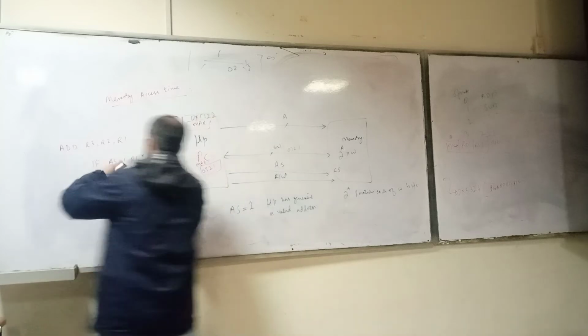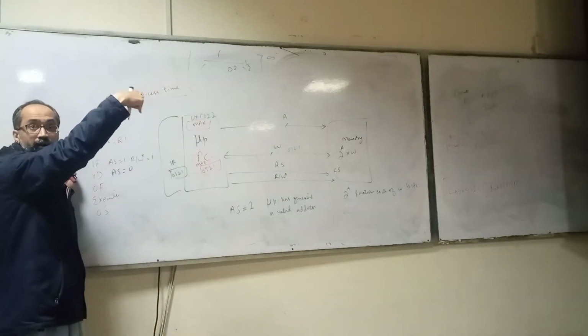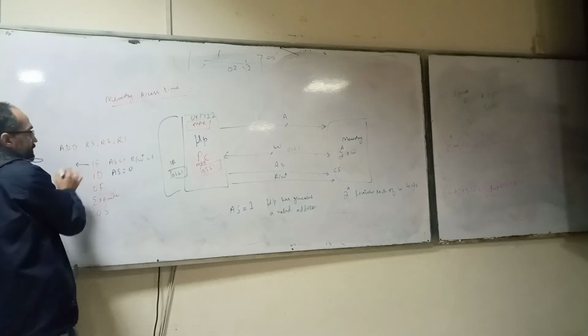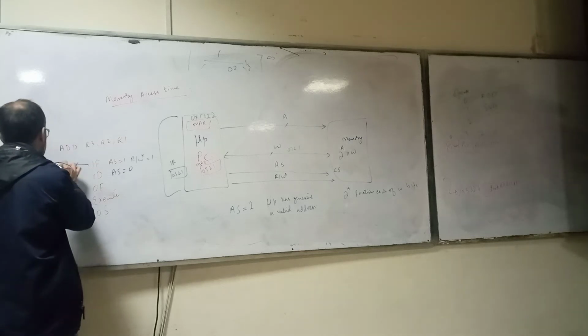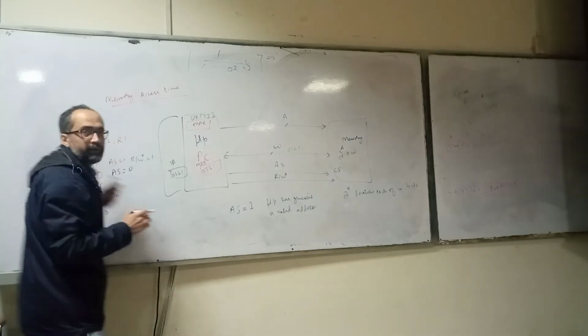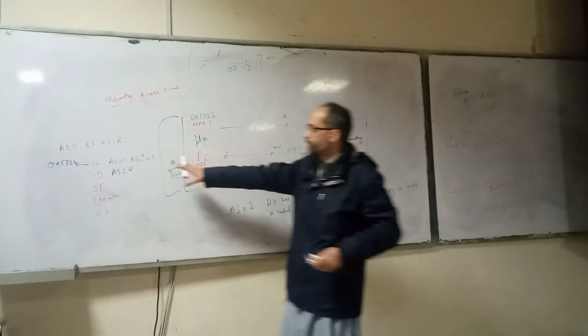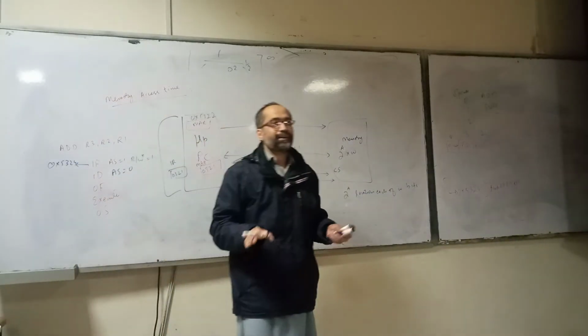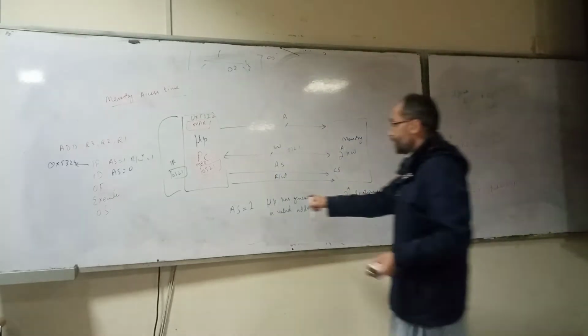Now address probe is 0, read write bar is 1, and we also need to provide the address of the location. What is the address that we are providing? 0x5324, in the hexadecimal representation. So in the instruction decode phase, the address probe is 0. What does this address probe mean?